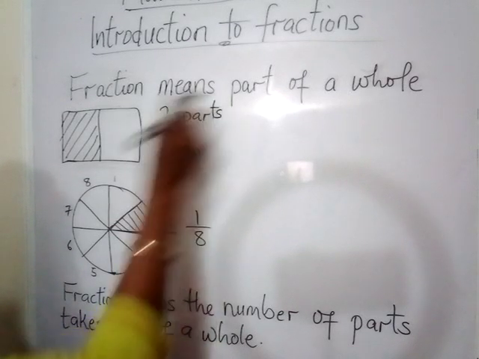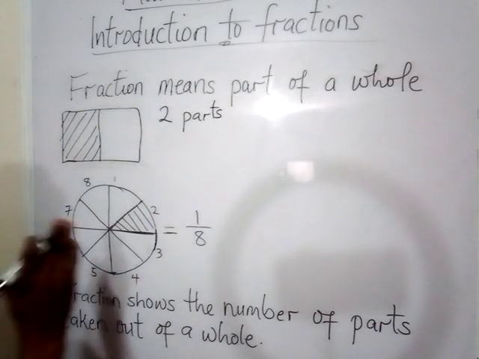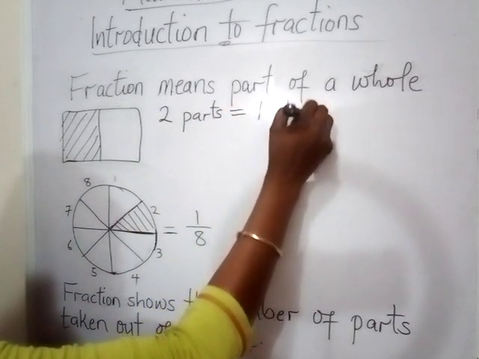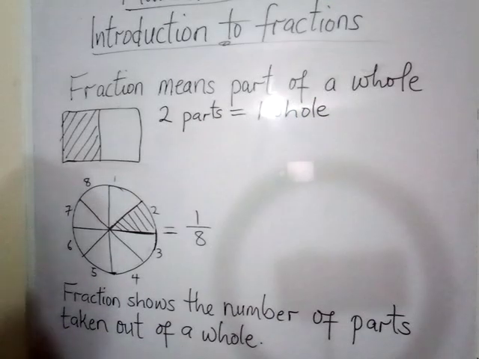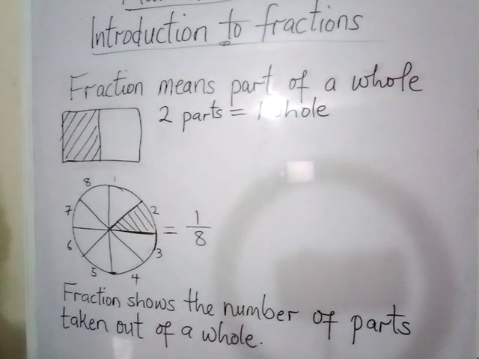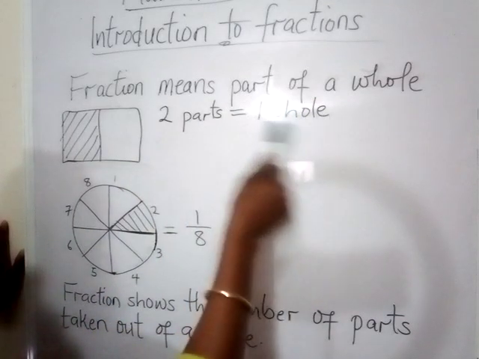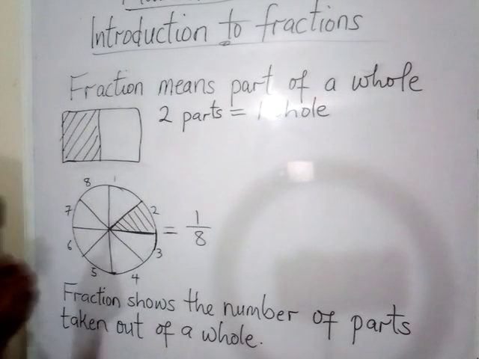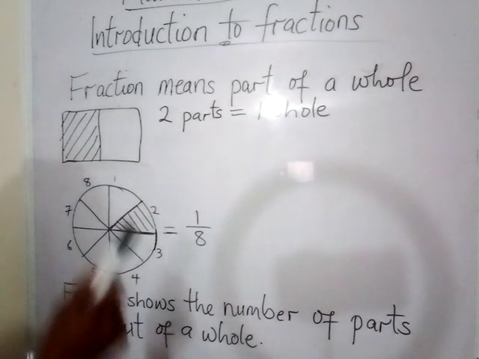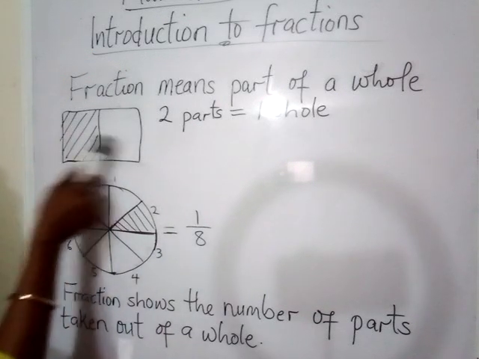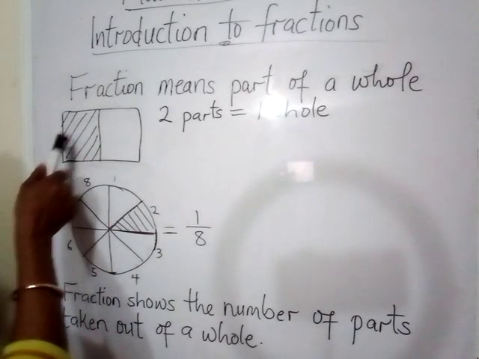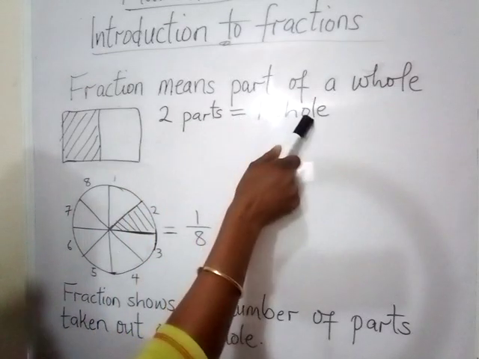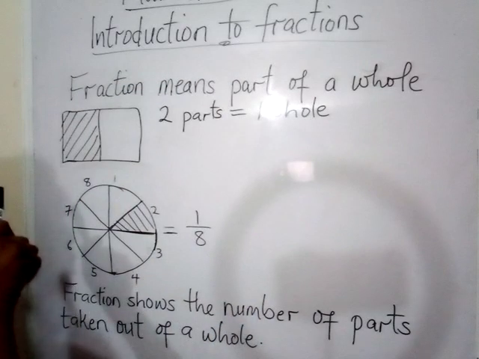Remember, we said the rectangle is one whole, right? Two parts equal to one whole, so that you understand what I'm trying to explain. We started with one whole rectangle, a complete rectangle. Now that one whole rectangle has been split into two parts. So the two parts is equal to the one whole.